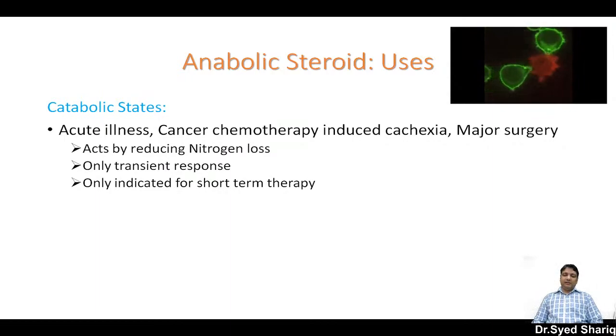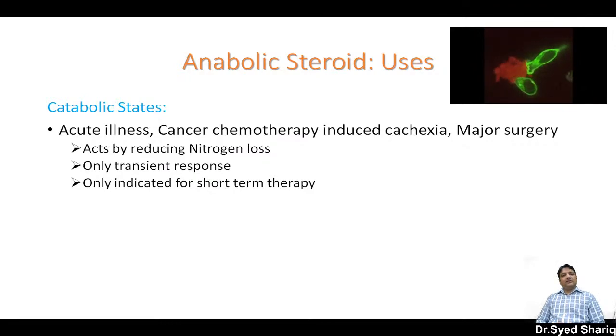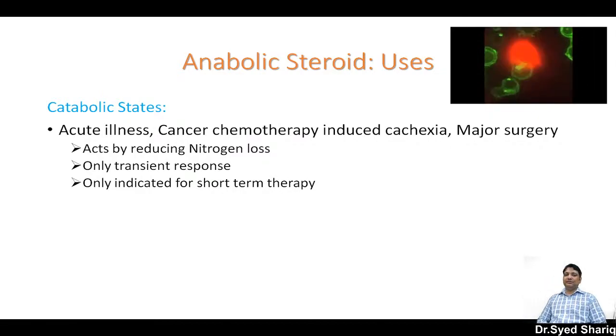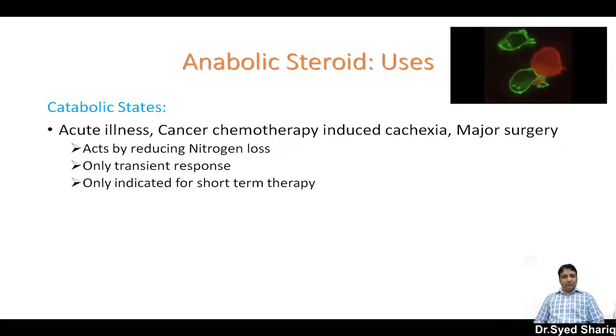Apart from that, acute illnesses and major surgeries can also lead to this, especially the GI surgeries in which a large part of the bowel is eliminated or removed. In those conditions also, a catabolic state sets in, and then we can use these anabolic steroids. It usually helps a lot in these kinds of scenarios. So they act by reducing the nitrogen loss.